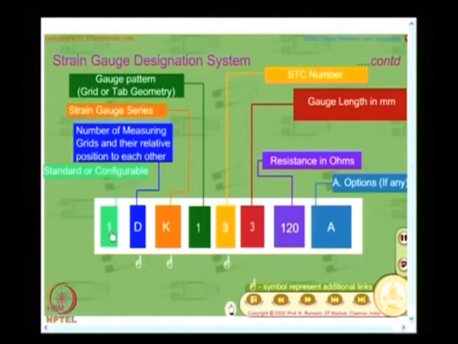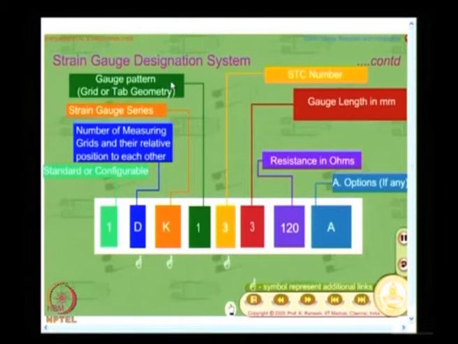You need to know that I have 1, 2, 3, 4, 5, 6, 7, 8 parameters necessary, and the common ones are, you have a gauge pattern. He may have a different designation, but gauge pattern is forming part of the designation system.